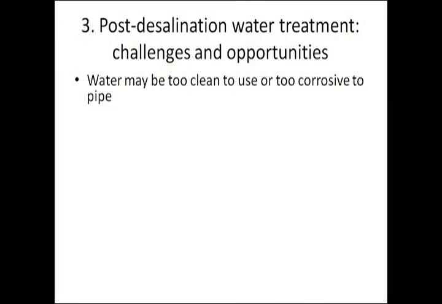And then another area has to do with post-desalination water treatment. And oftentimes, RO pretty much takes everything out of the water. I mean, that's a slight overstatement because some ions and molecules do make it through RO membranes.